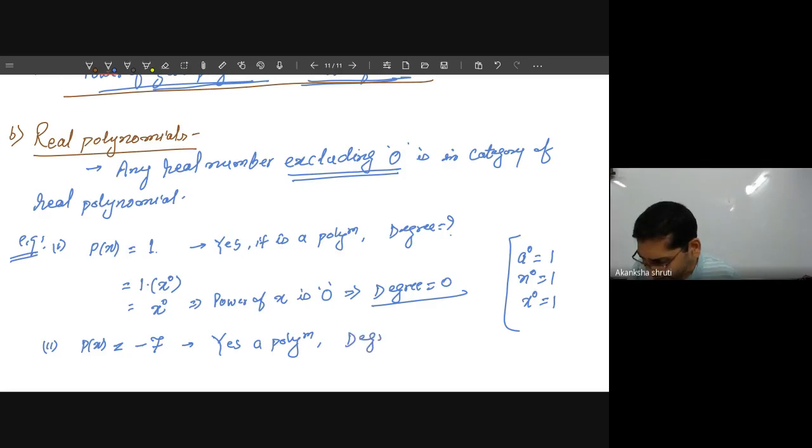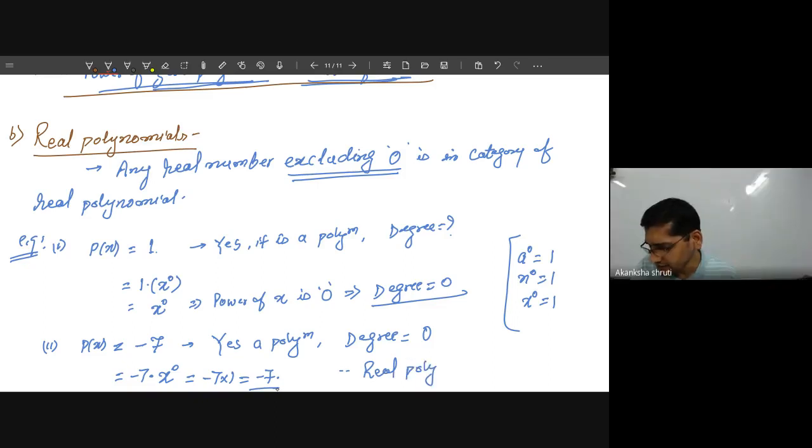And what is its degree? Again it is 0, because minus 7 into x to the power 0 becomes minus 7 into 1, which is minus 7. So the degree of the real polynomial is always 0.